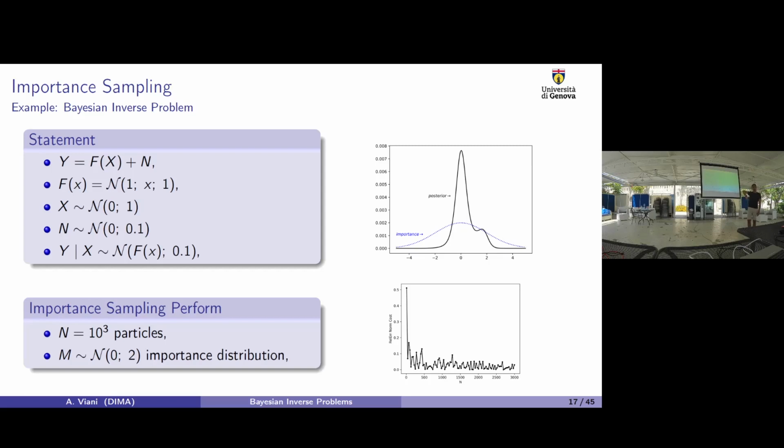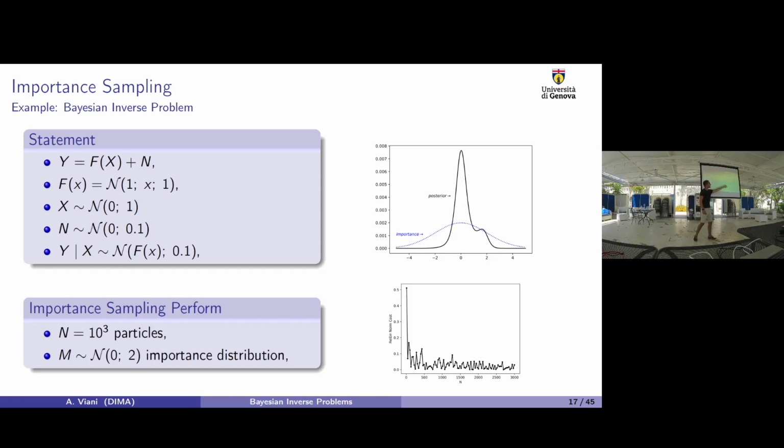Maybe here it's more clear, because I'm able to evaluate f of x each time. So I'm able to evaluate the likelihood and make the product likelihood times the prior, because I know it, and I get P. Because P is the posterior distribution, and the posterior distribution is the likelihood times the prior.